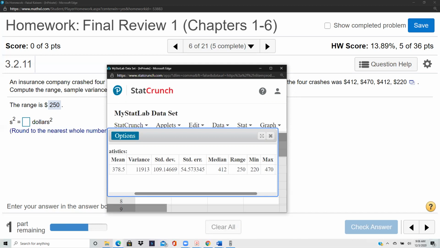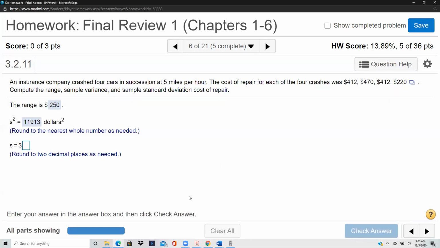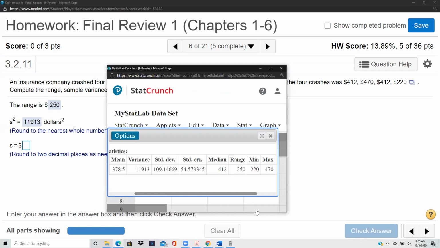Isn't it the variance? 11, 9, 13. And S, standard deviation.